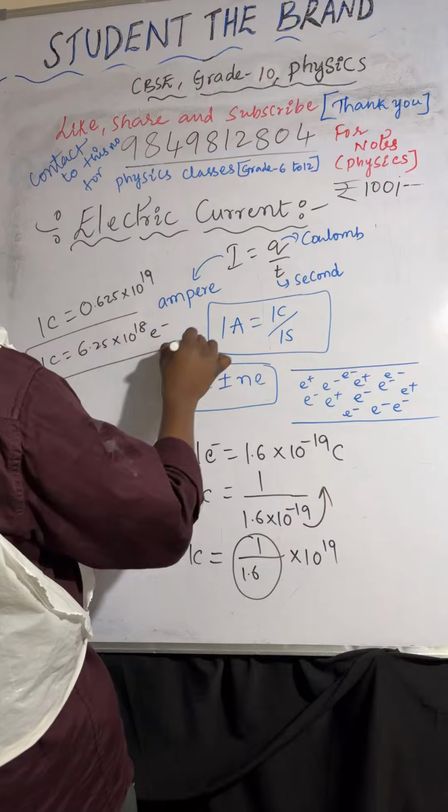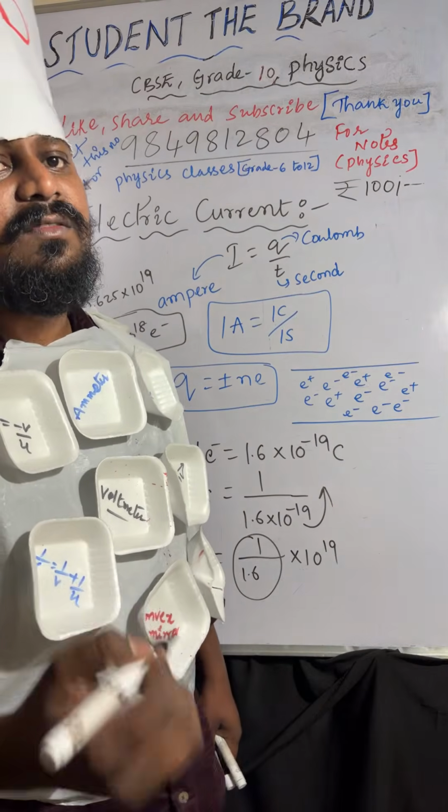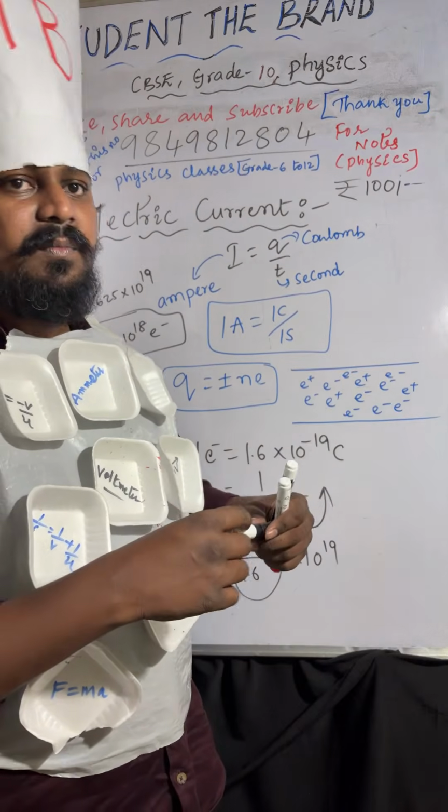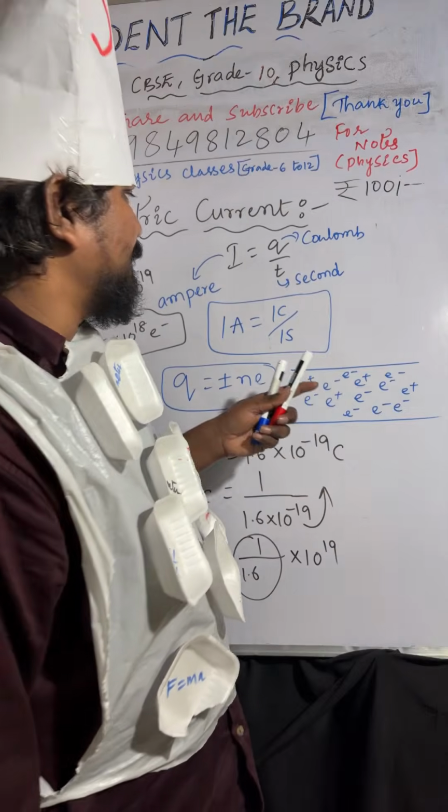In 1 coulomb, 6.25 into 10 power 18 electrons are present. Very, very important.